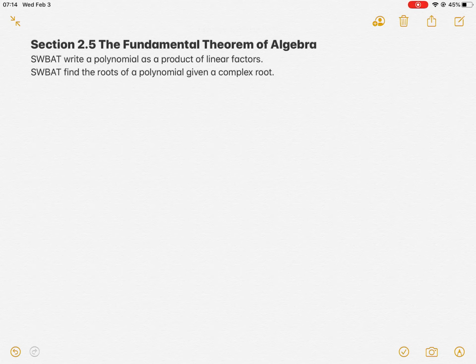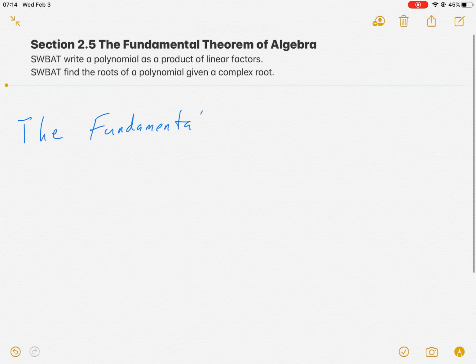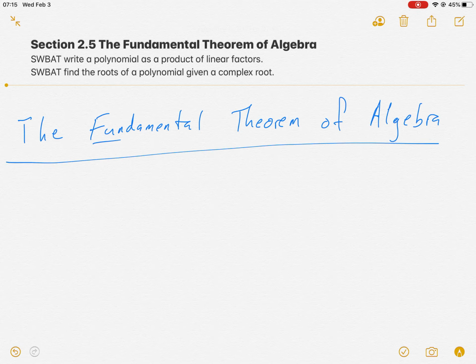So the first thing I want to write down is the fundamental theorem of algebra. Now this does have a couple different variations, but the big result that we're going to be using, and the one that I want you all to sort of internalize, is that every single variable polynomial, that part isn't so important.